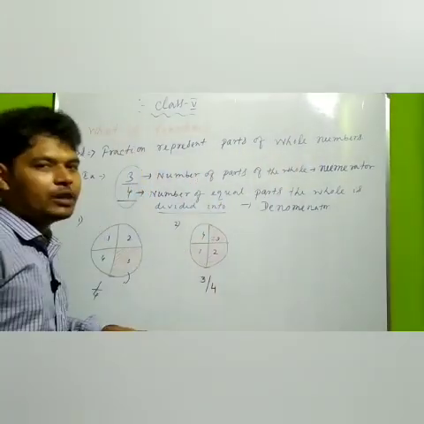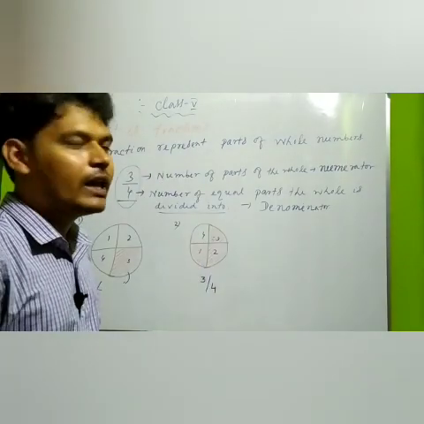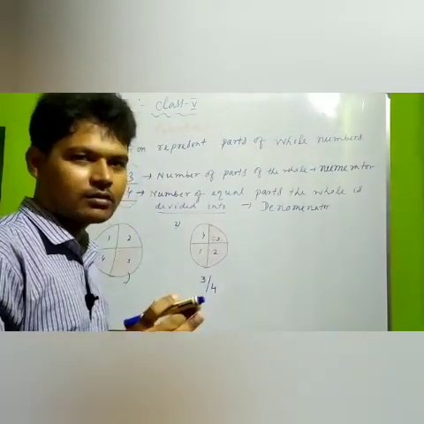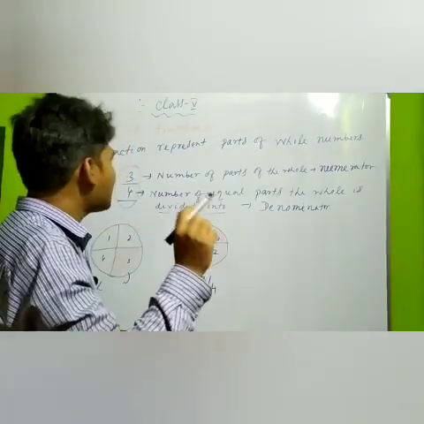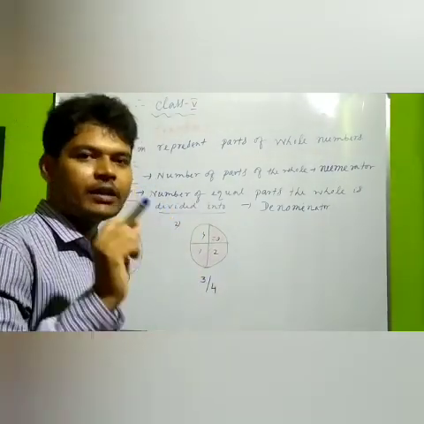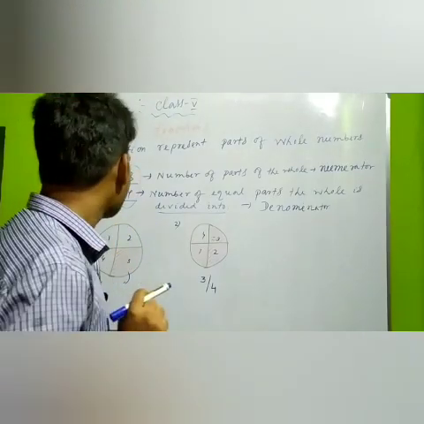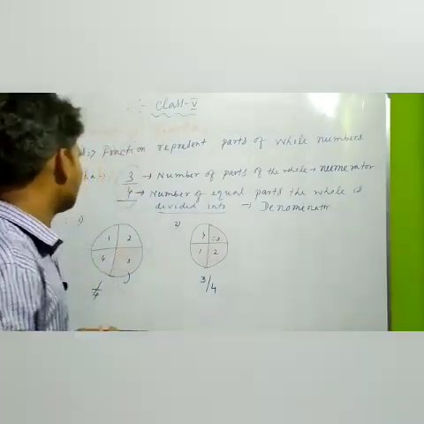That means if you take a whole number and you divide this whole number into equal parts, then one portion is represented by a fractional number. Just take one example.